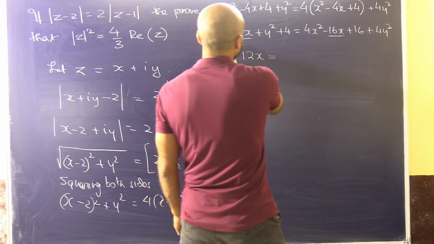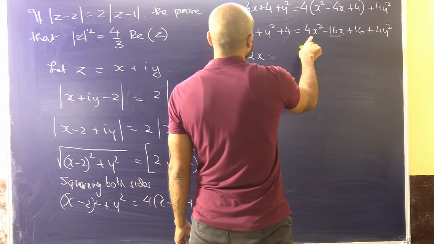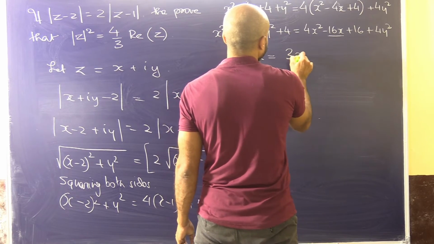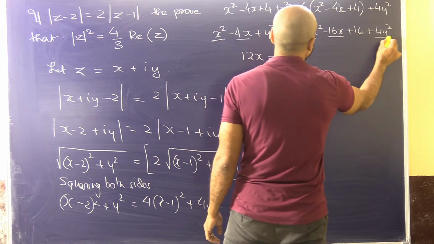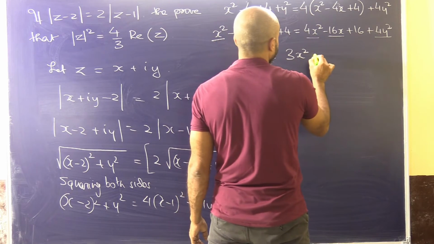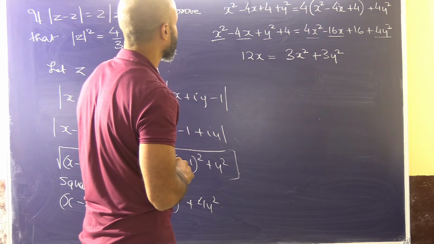4x^2 minus x^2, that will be 3x^2. Then we have 4y^2 minus y^2, so this will be 3y^2.